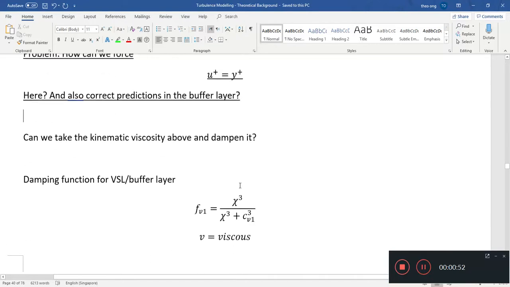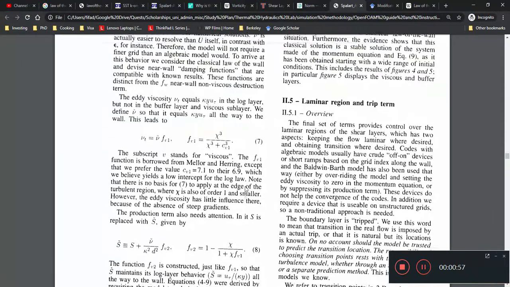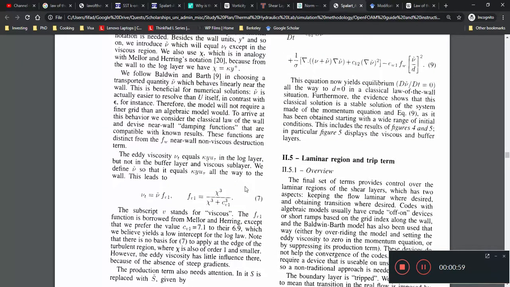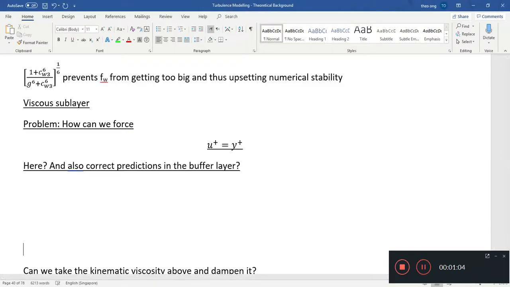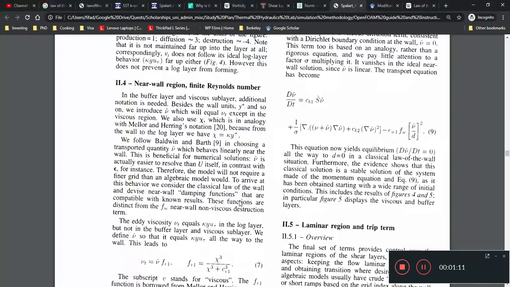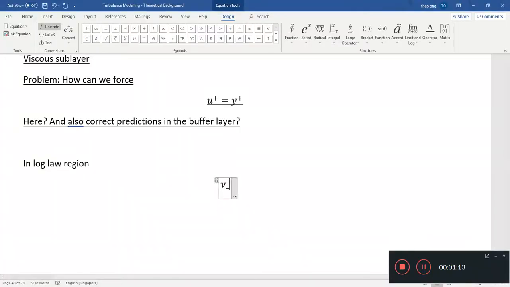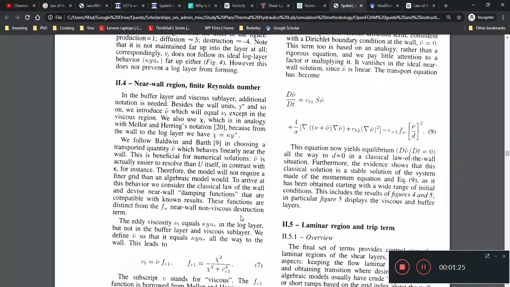So how can we have the correct turbulence viscosity treatment? According to this paper, in the log law region you have nu t equals kappa y u star, where y is the distance from the wall and u star is the friction velocity.